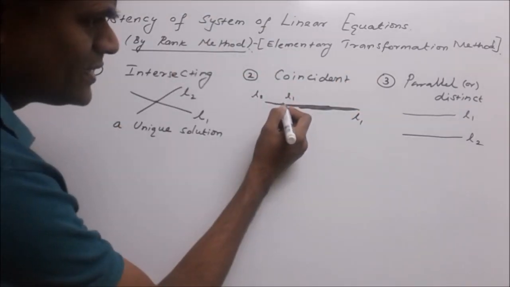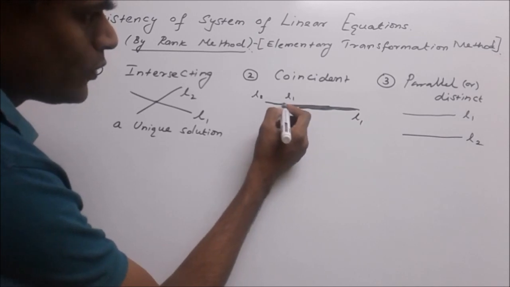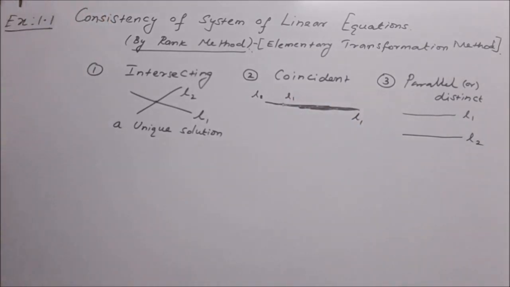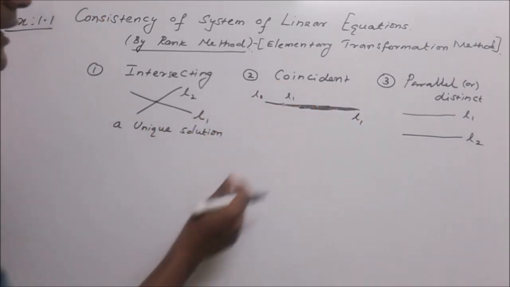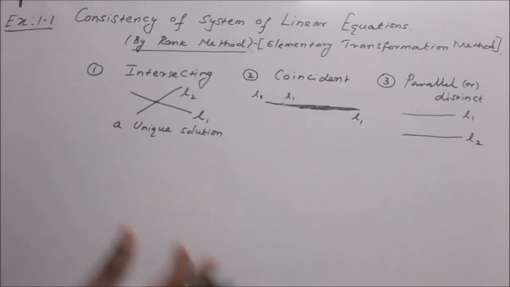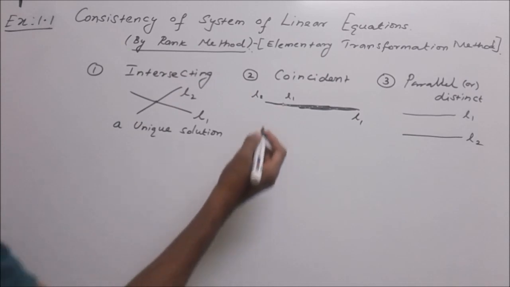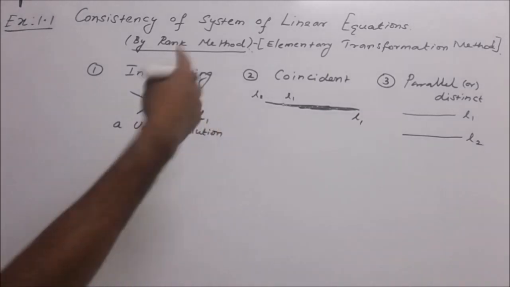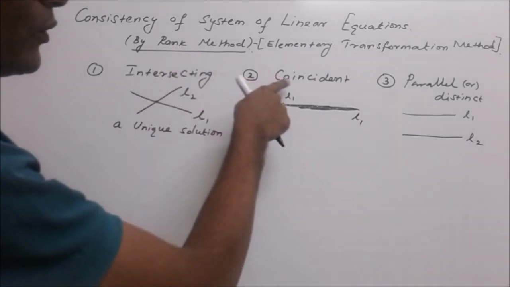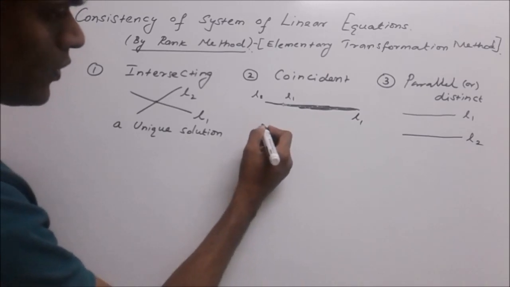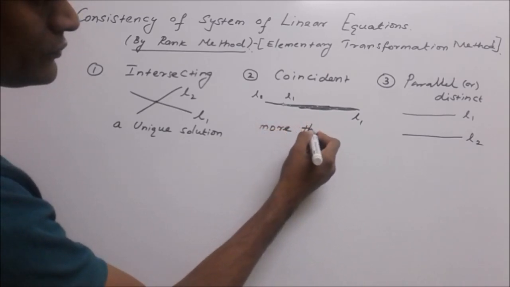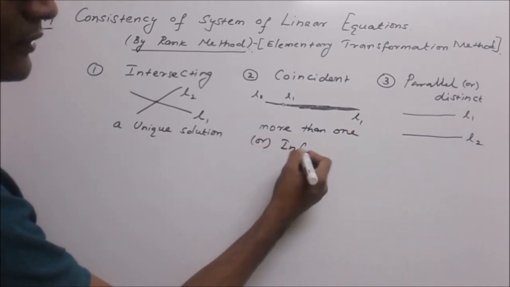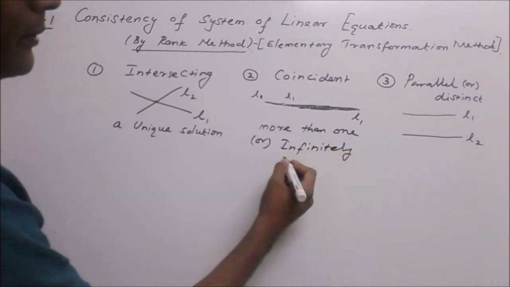So each and every point on the lines is a solution. So coincident lines can have more than one solution, or infinitely many solutions.